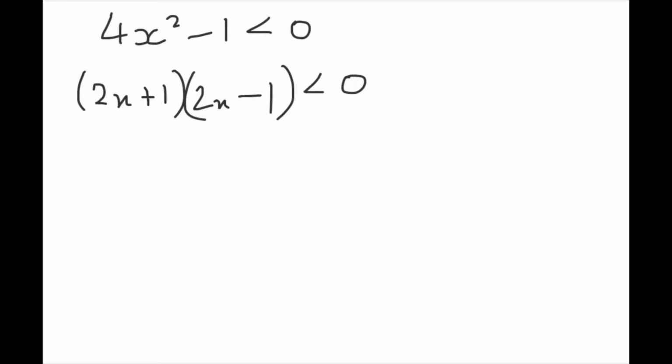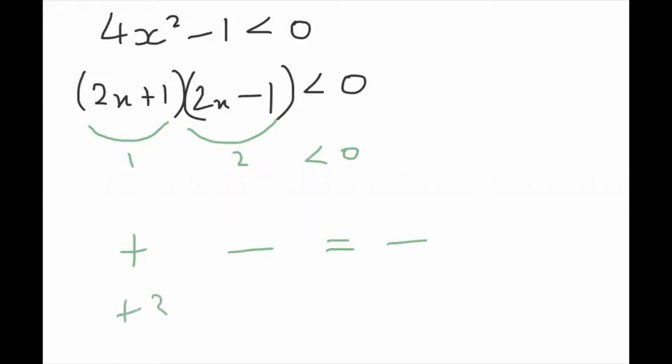So how I would do this is as follows. So here you see, say number 1 times number 2, and that must be less than 0. Now, for 2 numbers to be less than 0, the 1 must be positive and the 1 must be negative, because a plus and a minus will equal a minus.